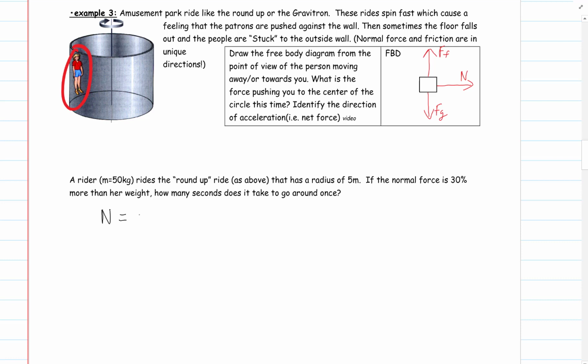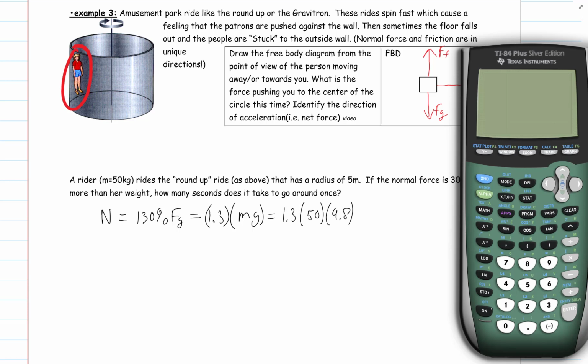So the normal force is 130% the force of gravity. And that's 1.3 times mg, which is going to be 1.3 times mass 50 times g 9.8, and 1.3 times 50 times 9.8, 637.